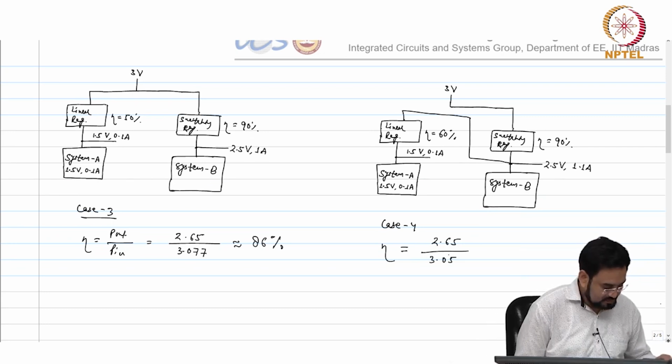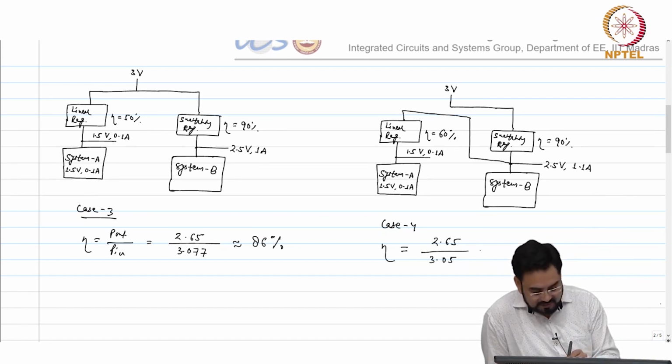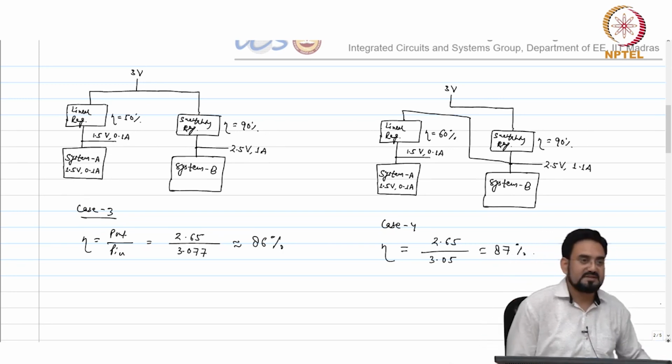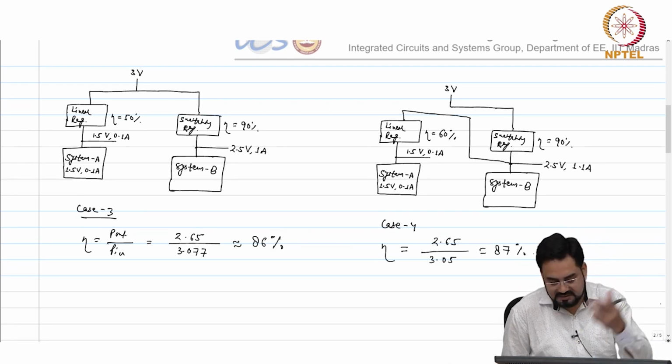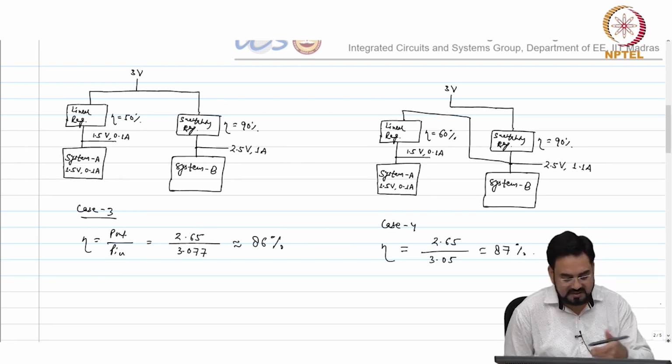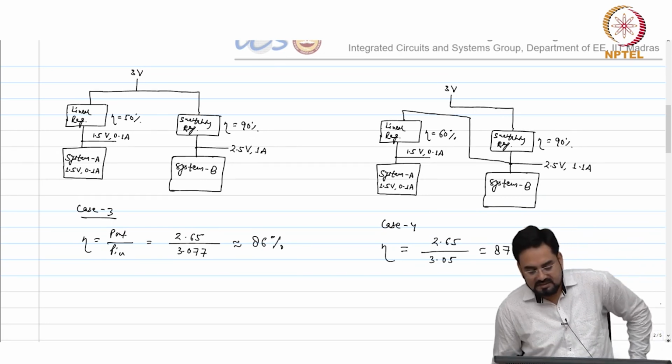So 2.65 divided by 3.05, you get pretty close to 87%. So 1% you can gain by increasing the efficiency of your linear regulator by 10% there.